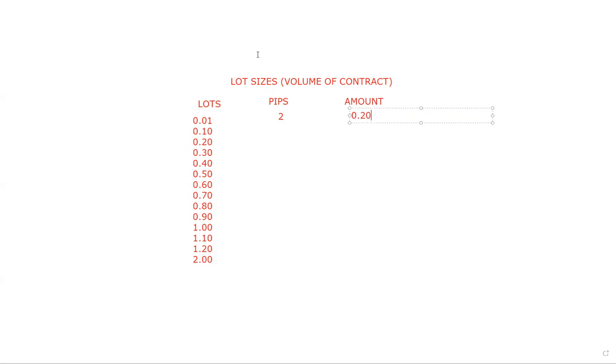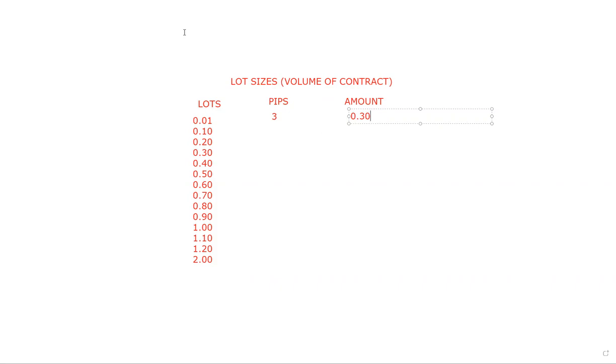If it is 3 pips, if the trade gives you 3 pips profit or loss, it's going to give you what? 30 cents or $0.30. $0.30 is the same as 30 cents.